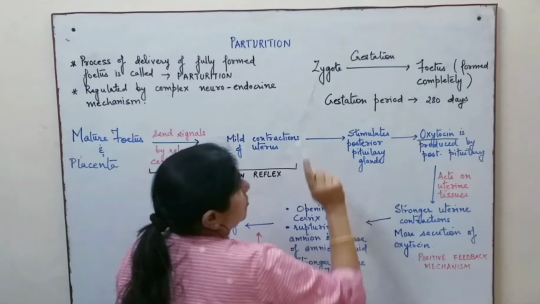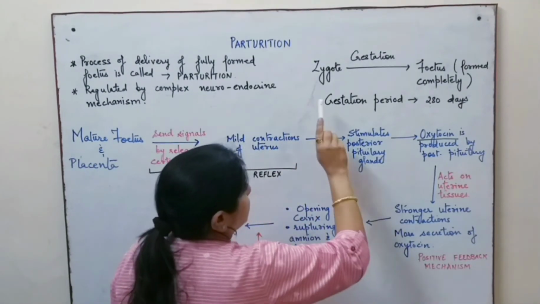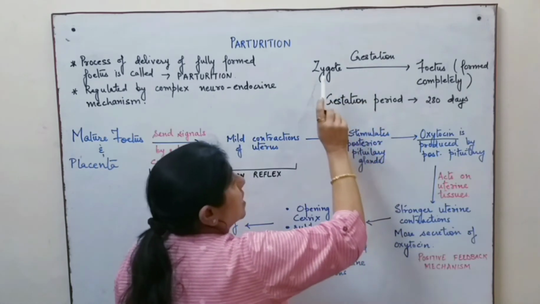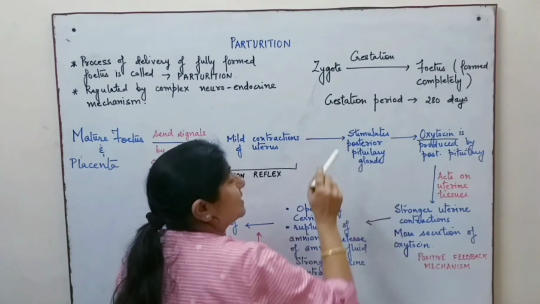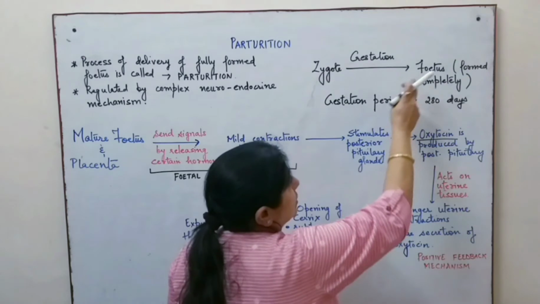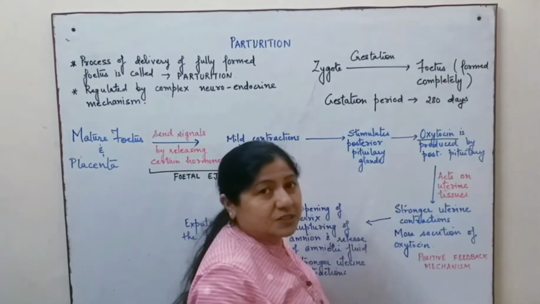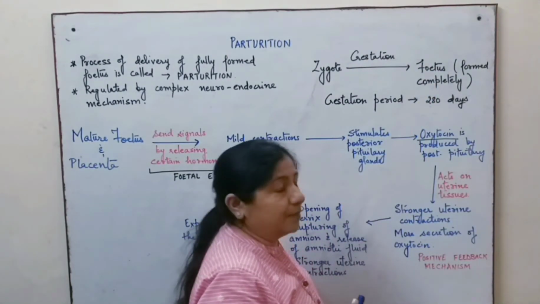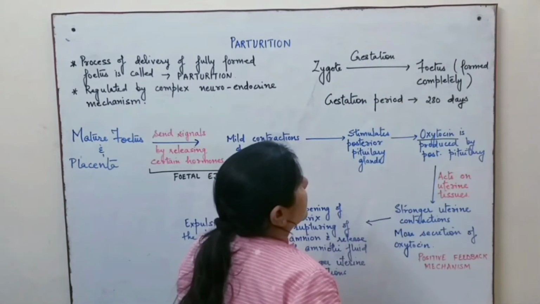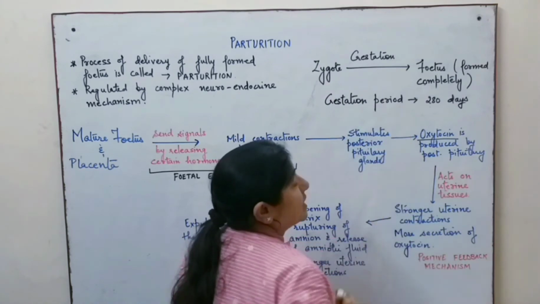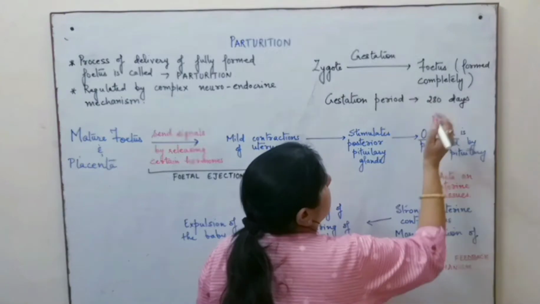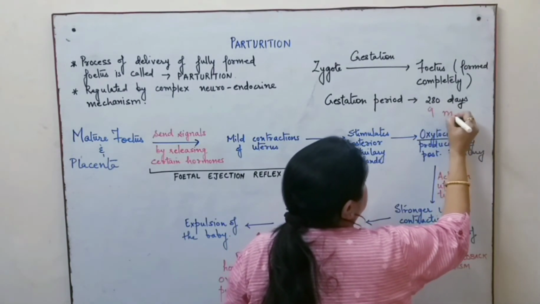Also, when we are talking of parturition, let us try and understand what gestation is. The gestation period is the period from the zygote formation to the fetus that is completely developed. In the case of human beings, the gestation period is 280 days, or 9 months.